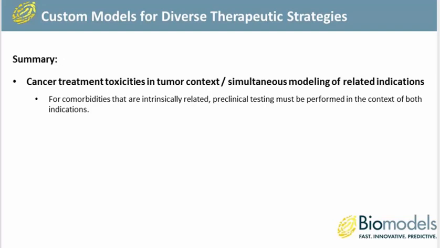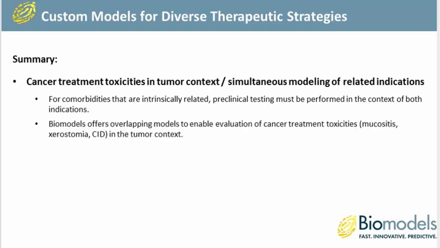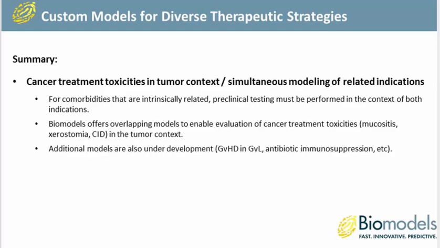So to summarize this section, for comorbidities that are intrinsically related, preclinical testing must be performed in the context of both indications. Biomodels offers overlapping models to enable evaluation of cancer treatment toxicities, mucositis, xerostomia, chemotherapy-induced diarrhea, for example, in the tumor context.